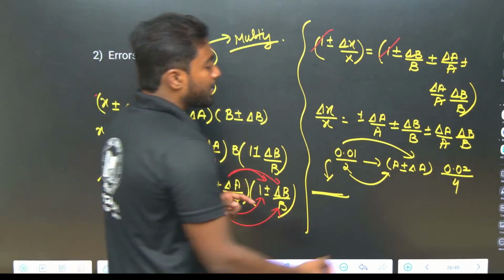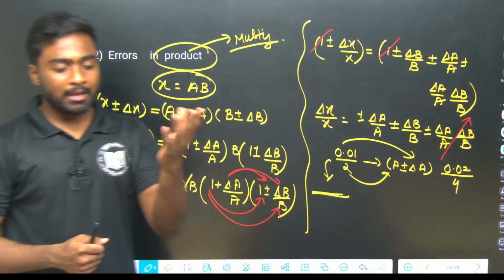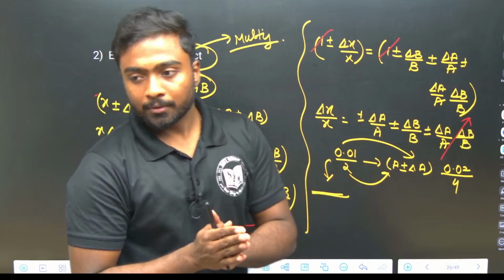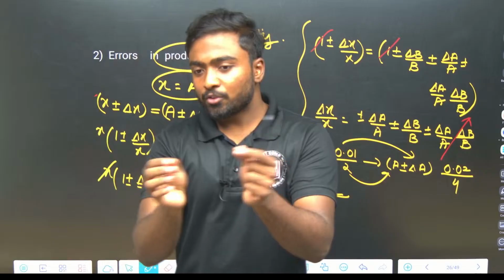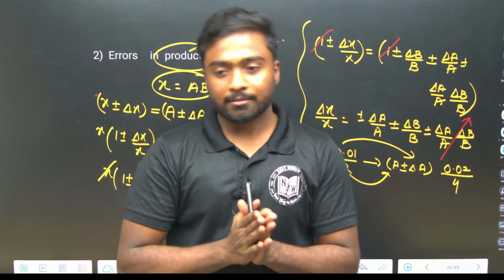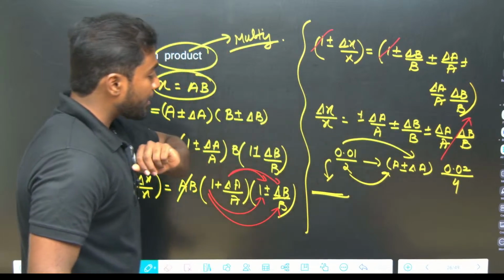For that we can neglect this term. Like if I say 1000 or 1000.00001, there is no much difference. Approximately we can take 1000, right? So I can neglect this term. So what is the remaining term here?